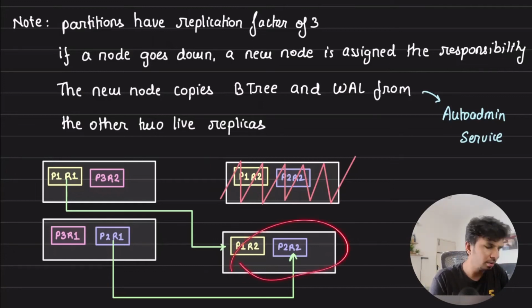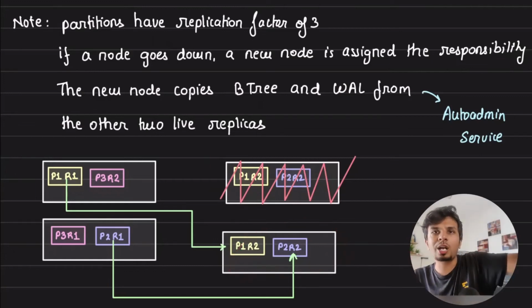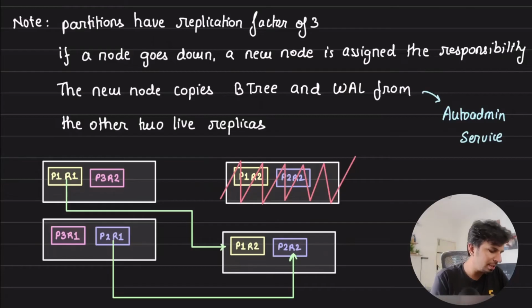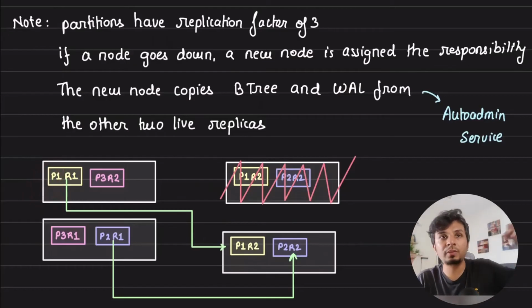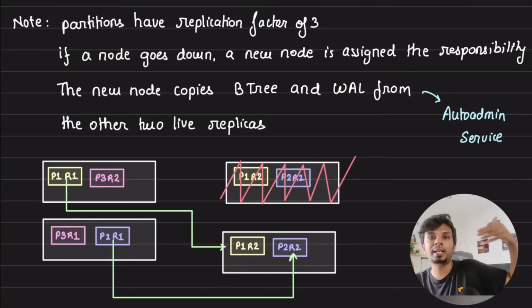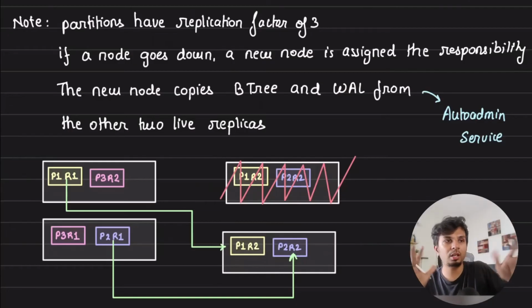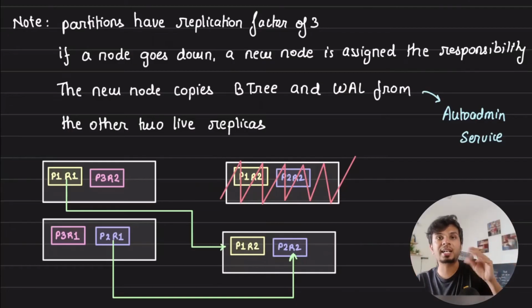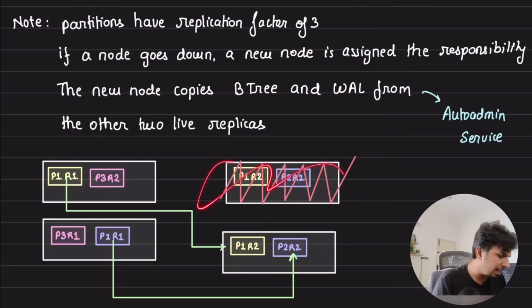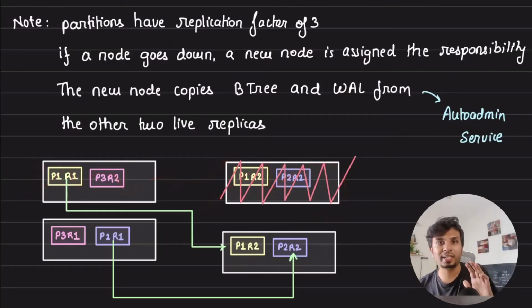The auto admin service does that, right? The auto admin service spins up a new node or picks an existing node and assigns it the responsibility of this partition. It says, hey, the replication factor of this is not met, let me ask another node to immediately replicate the data, because now this is fragile. If this went down and this went down, you would not have any copy of the data, right?